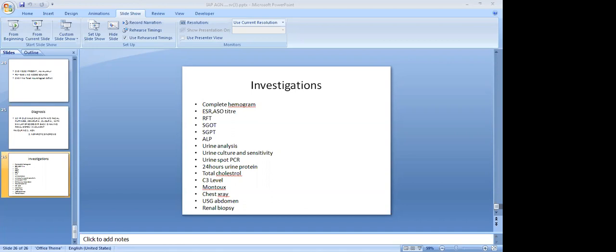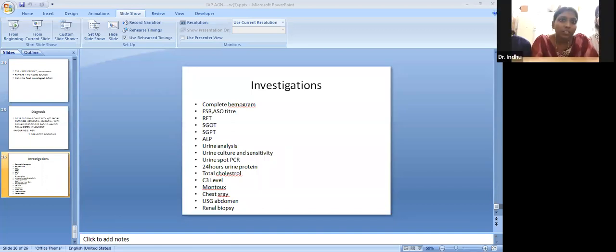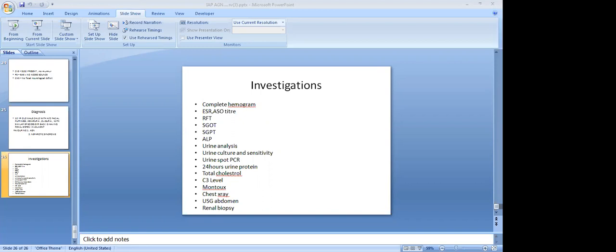Okay, now you have done all this, you didn't find anything, everything is okay. What will you do next? Biopsy. Excuse me, before biopsy. Yes, please tell me. Your case is a classical presentation of hematuria, pedal edema, hypertension. Am I correct?